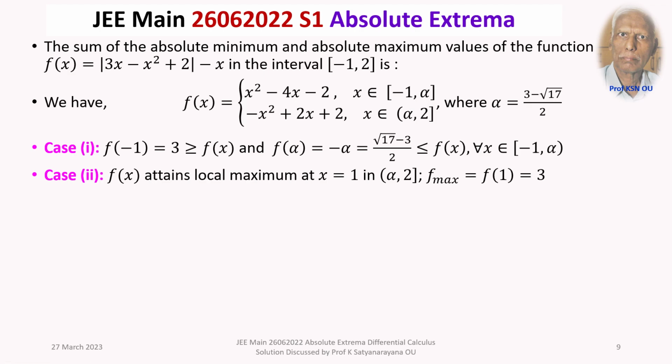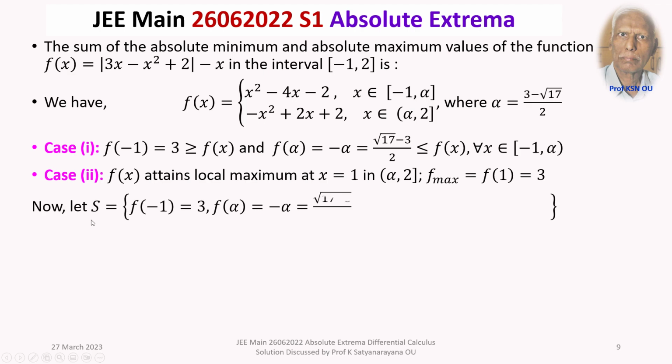And to talk about absolute maximum and absolute minimum, whatever local maxima, local minima the function has, take them, and the values of the function f at the end points of the intervals also you have to consider. Then you take the totality of these values, and the maximum of that is the absolute maximum. The minimum of that is the absolute minimum.